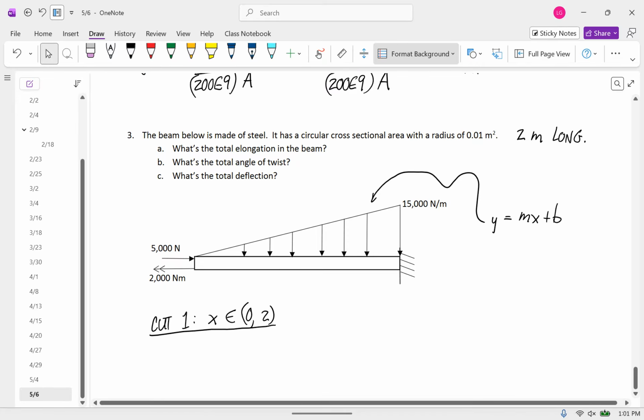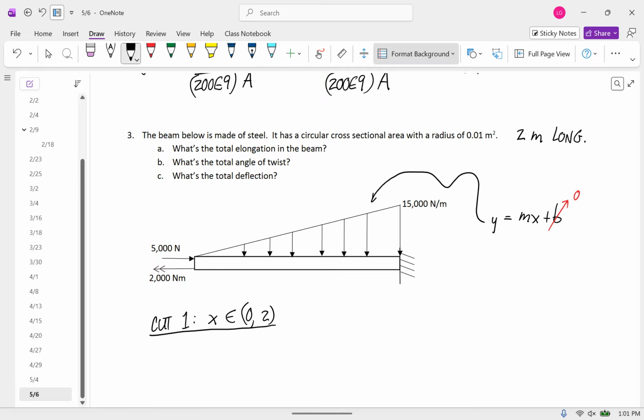That's when x is equal to 2. And so for the rise over run, this is going to be a rise of 15,000, from 0 to 15,000, over a run of 2. And so this is 7,500x.